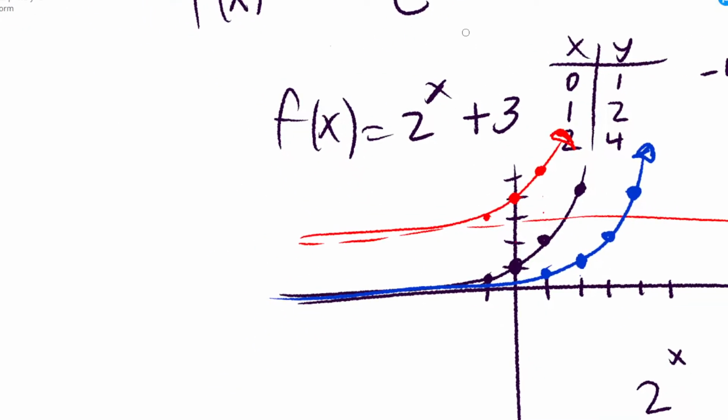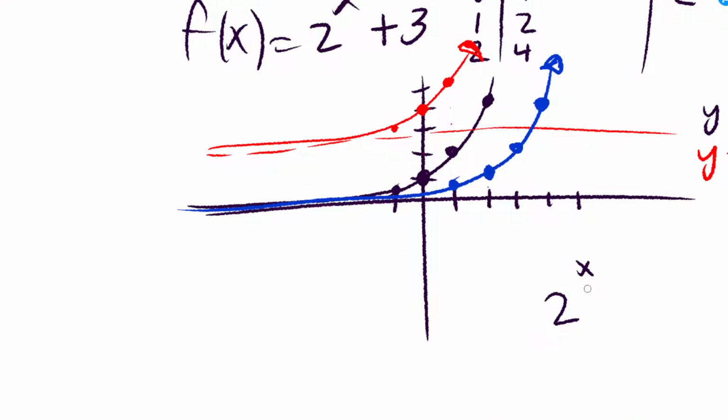Oh, and then what if we had something like 2 times 2 to the x? This is the same. We're stretching, right? So we're going to change this to green. When x equals 0, we're actually going up to 2, because we're timesing our y by 2, basically.